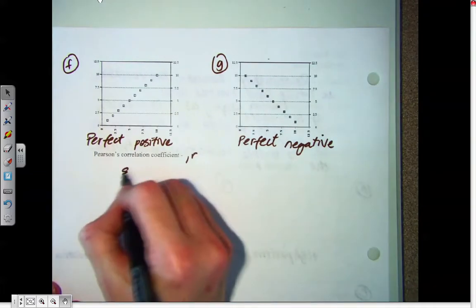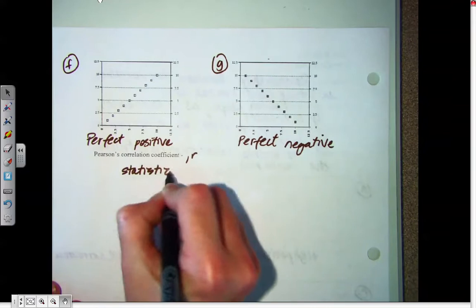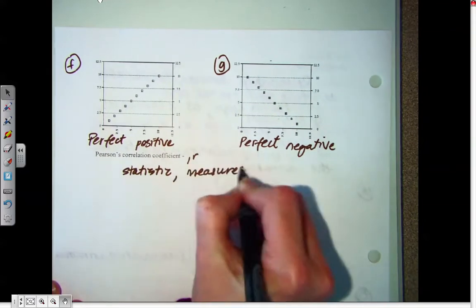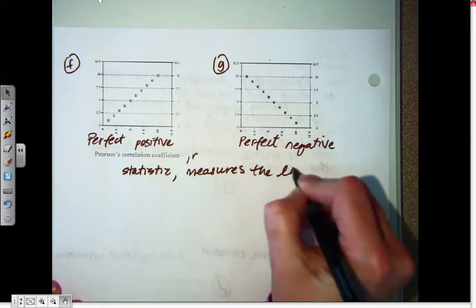So we're going to refer to it as our R value. It's a statistic that measures the linear relationship.